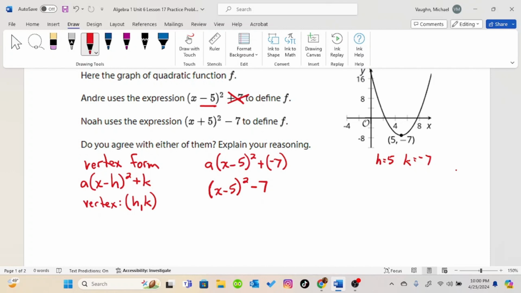If we look at Noah, Noah has the incorrect h, but the correct k. So neither Andre nor Noah are correct.